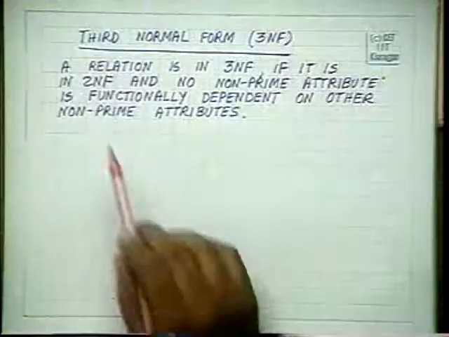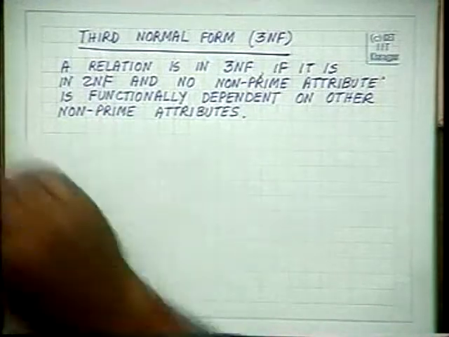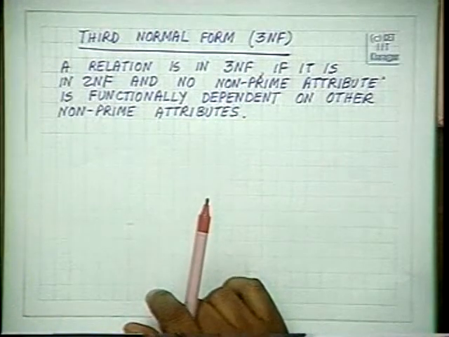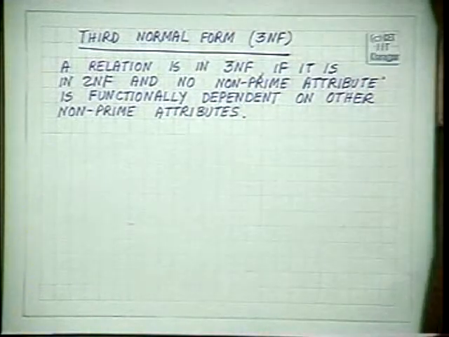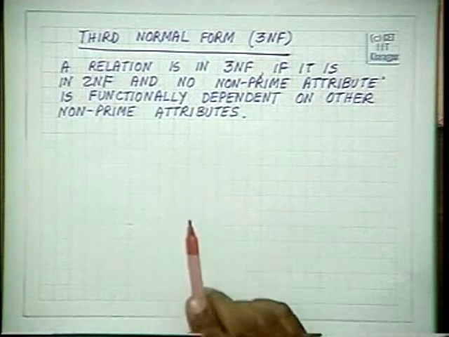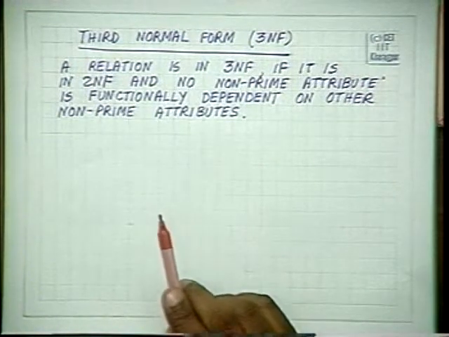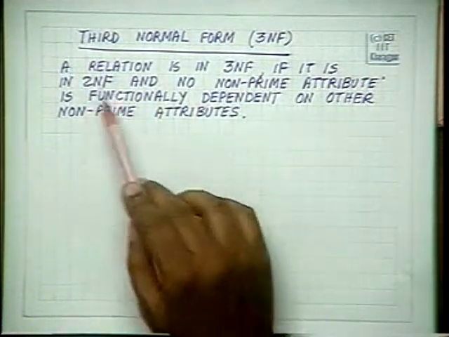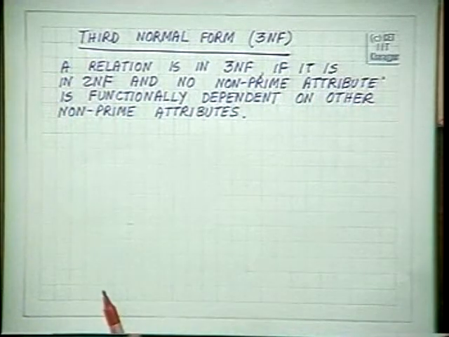Let us see how BCNF is related to 3NF. What is third normal form? Third normal form says that it is in second normal form. So what does second normal form say? Second normal form says that every non-prime attribute must be fully functionally dependent on a candidate key.